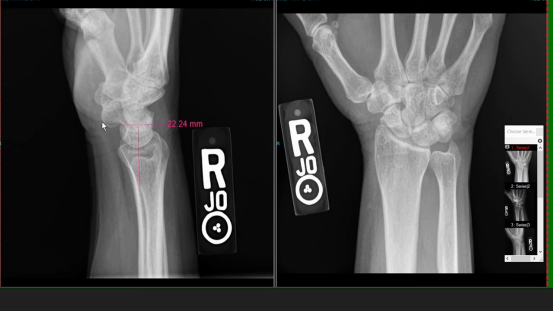And then we're going to draw our scaphoid line from this pole of the scaphoid to this pole of the scaphoid, and we're going to obtain our measurement here, which is right about there.